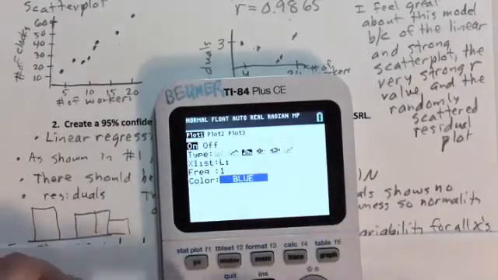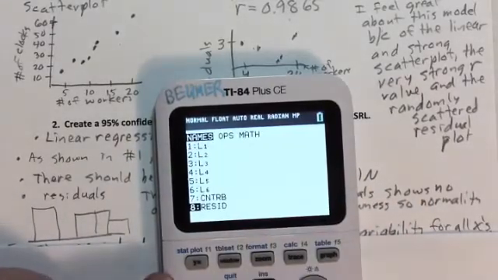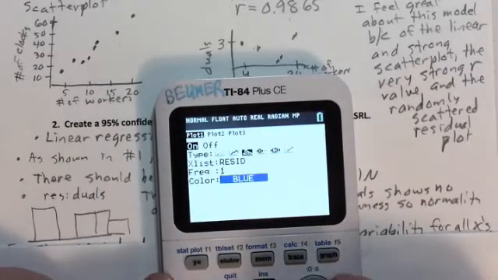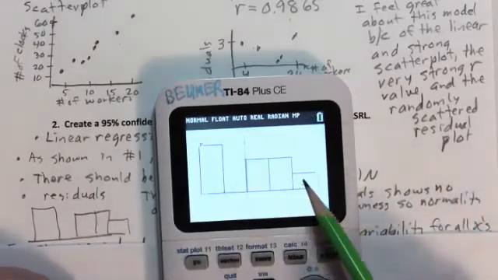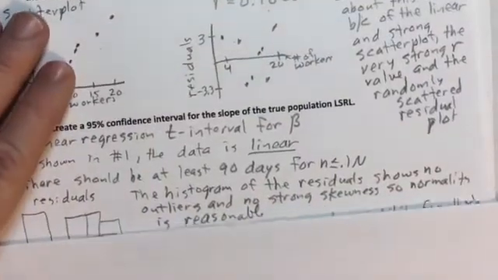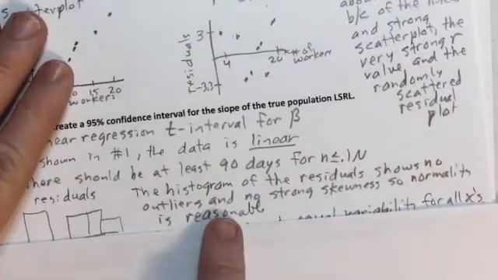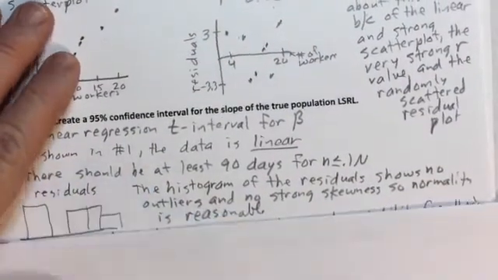So I go 2nd, LIST, go down to RESID, put them there, then go GRAPH, and then ZOOM 9. That's how I drew the graph of the residuals. The residuals show no outliers or strong skewness, so normality seems reasonable.